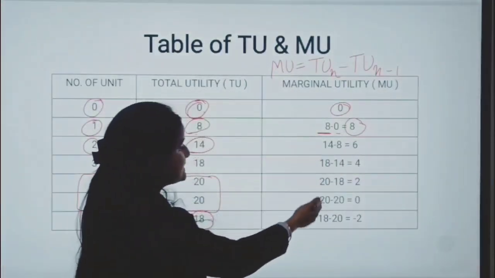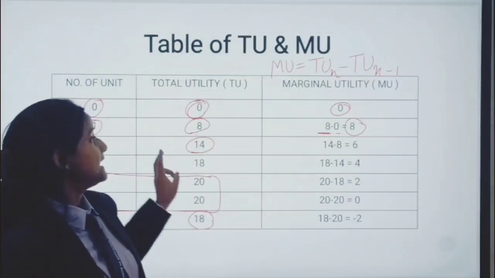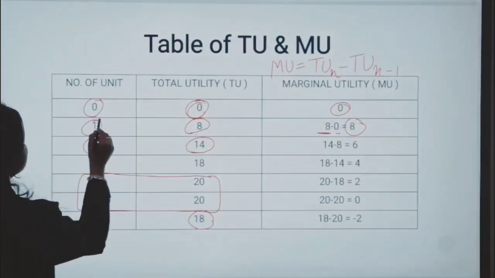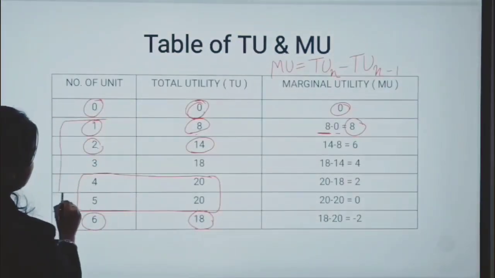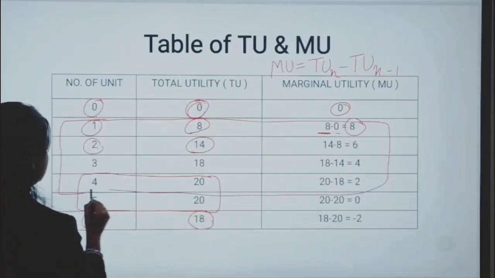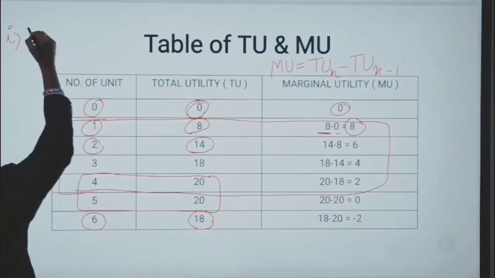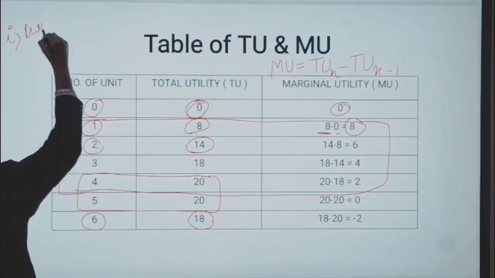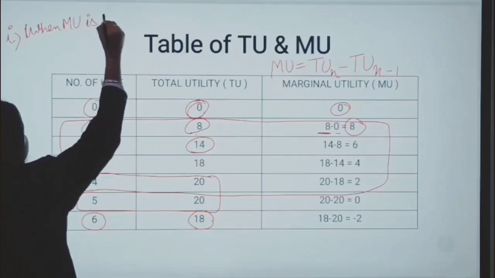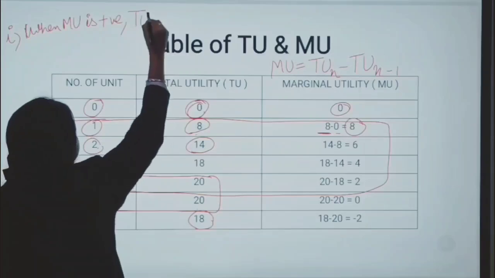So from this table we will conclude that there are mainly three relations of TU and MU. So the first one is, here you can see that when MU is positive, TU increases.